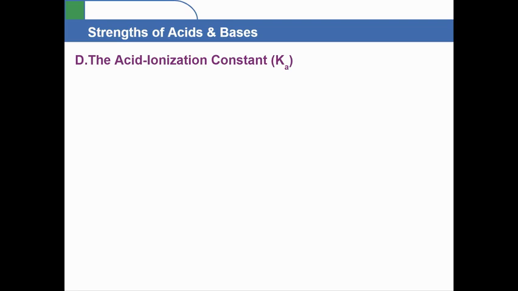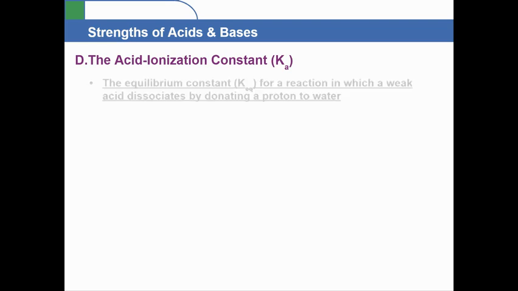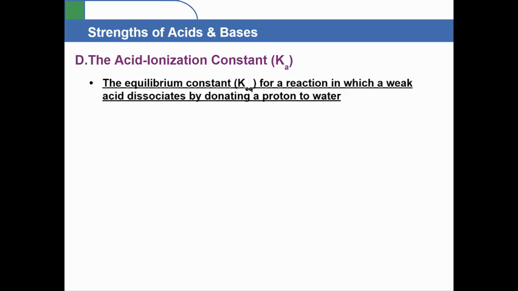We're not going to worry about it in this class. But it is known as the acid ionization constant, or K subscript A. This is the equilibrium constant, the Keq, for a reaction in which a weak acid dissociates by donating a proton to water.